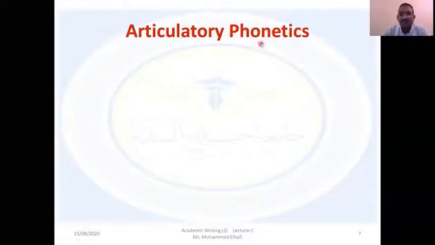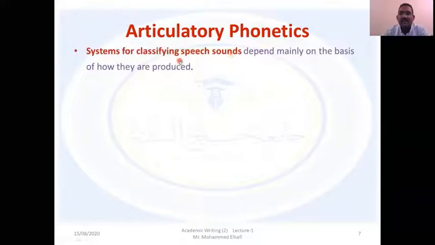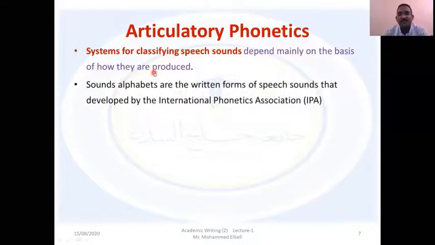Articulatory phonetics. Systems for classifying speech sounds depend mainly on the basis of how they are produced. And sound alphabets are the written forms of speech sounds that were developed by the International Phonetic Association, which is known as IPA.